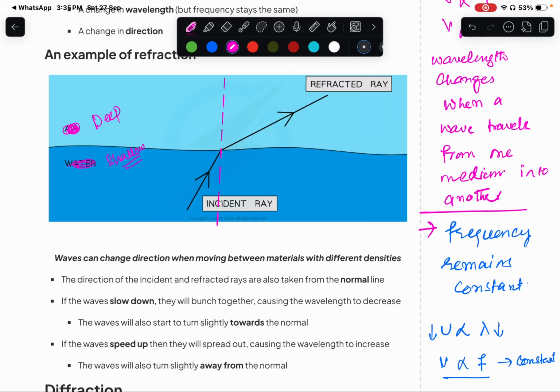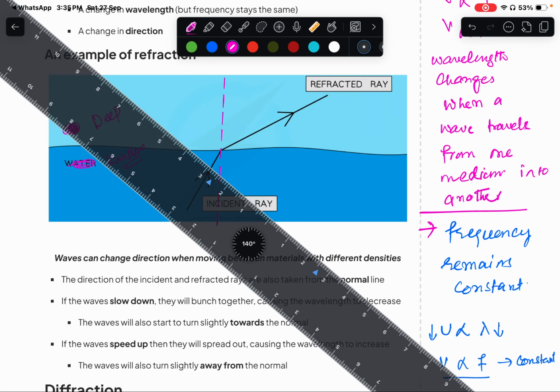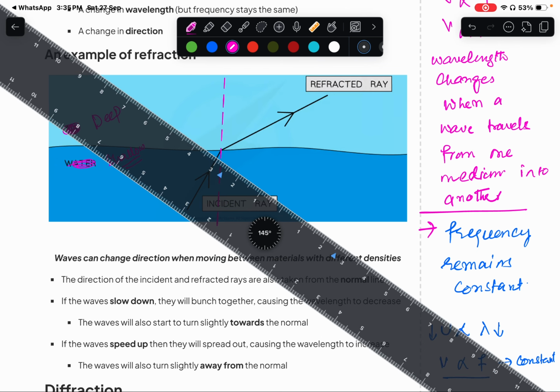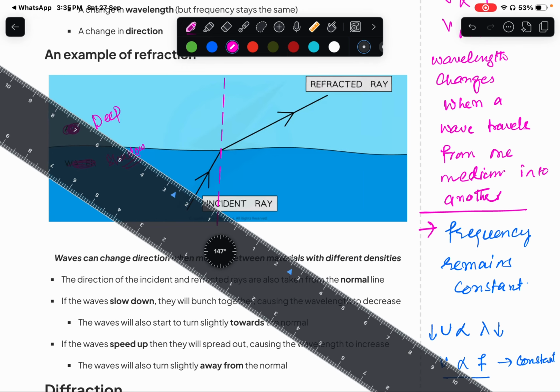Okay, so what happens, by the way, to the wavefronts if I draw the wavefronts over here with a scale, and these are the wavefronts. Let me draw it. Okay, they are entering the deep region with an angle, right? So let me draw with the same angle.